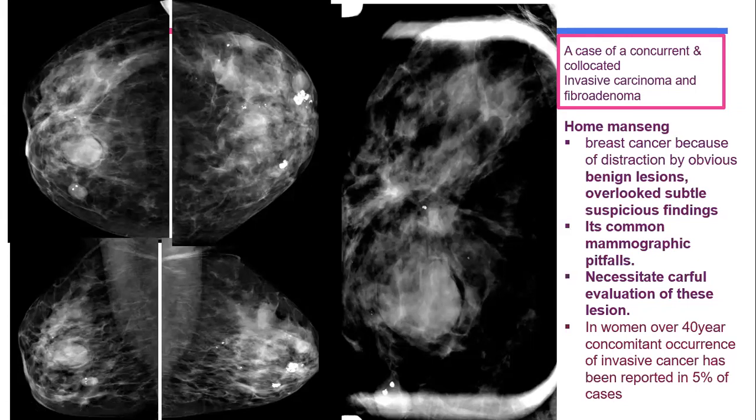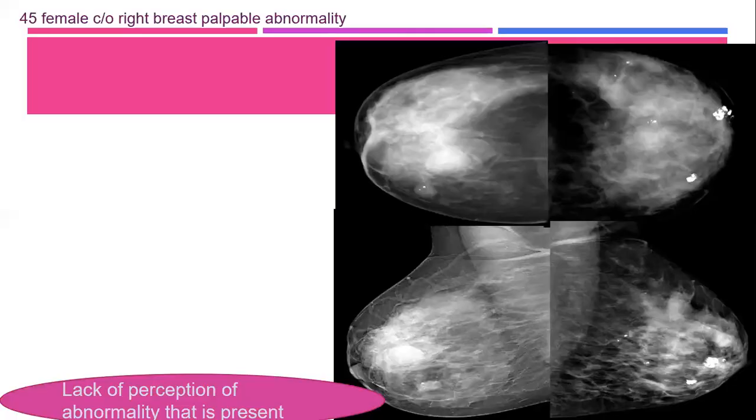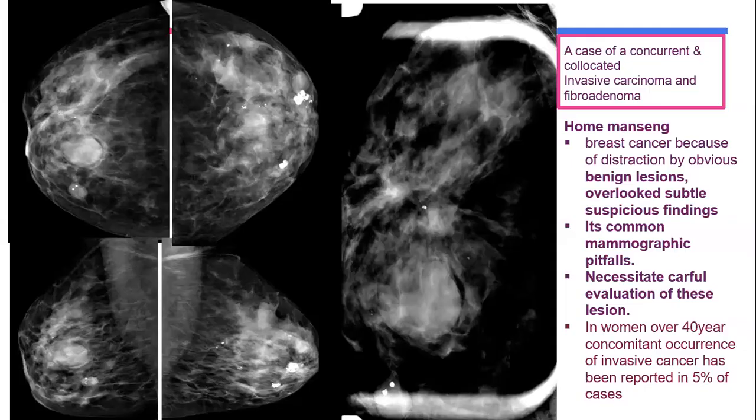Interesting case. Can you see it here? Can you see it here? See, circumscribed, while the borders here are being involved by the adjacent spiculated mass. On the spot magnification it is very clear, but in the previous image they did not proceed for ultrasound or for spot magnification view.